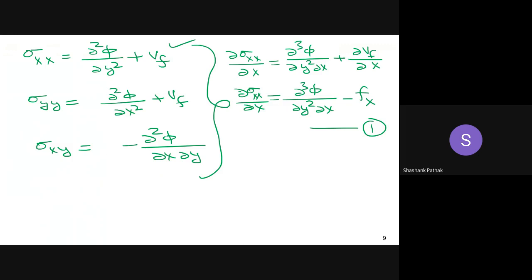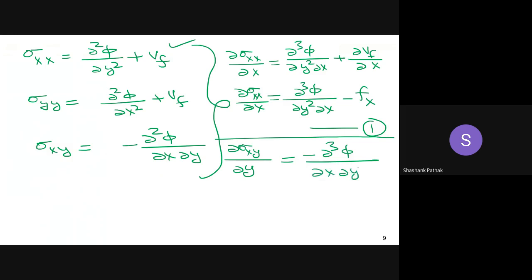The second thing that you want to see is del sigma xy by del y, because that is the second term in the equation of equilibrium. If you do that, you will get del 3 phi by del x del y square. This is your equation number 2.